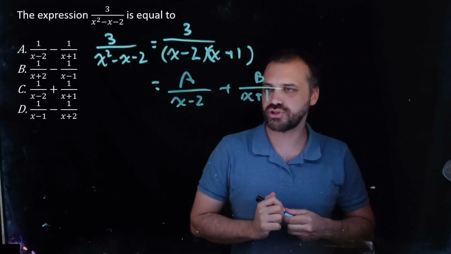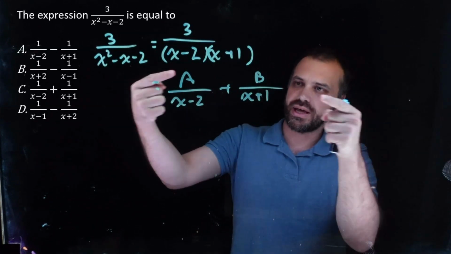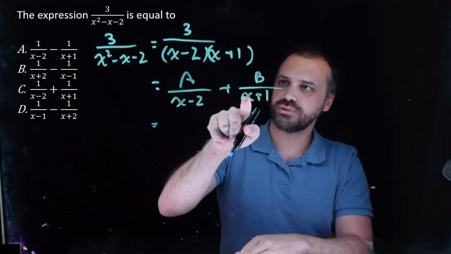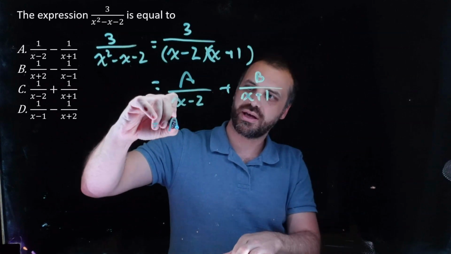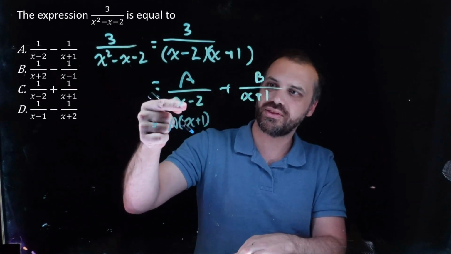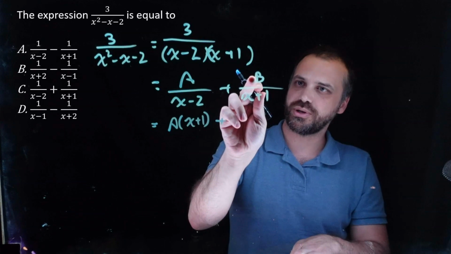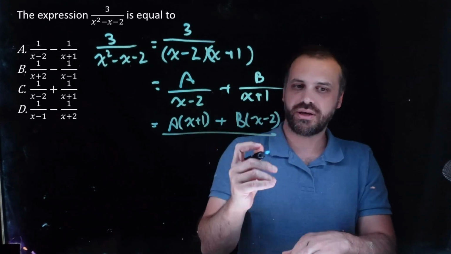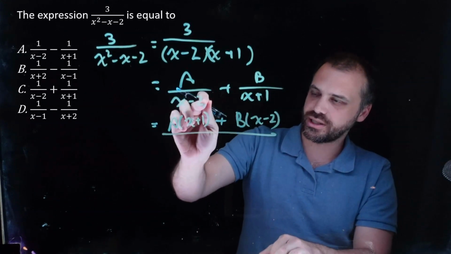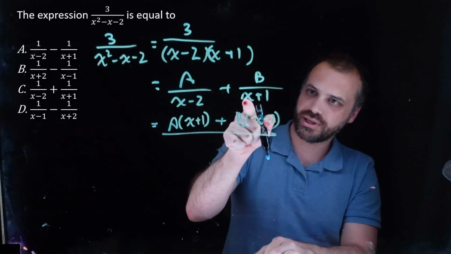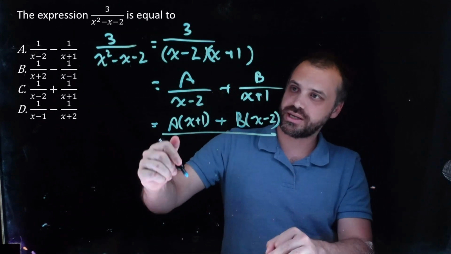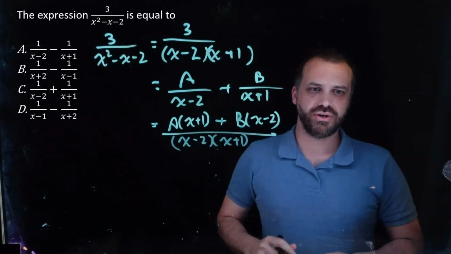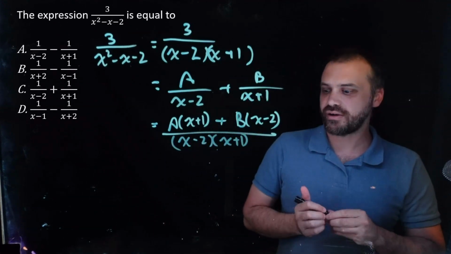Right, simple, straightforward. Now, we can add those two fractions together, and the easiest way to do that is to multiply this by x plus 1, A bracket x plus 1, and this by x minus 2. Now, when we do that, we're multiplying x minus 2 by x plus 1 as well, making the denominators the same, x minus 2 times x plus 1. Okay, so what have we got?